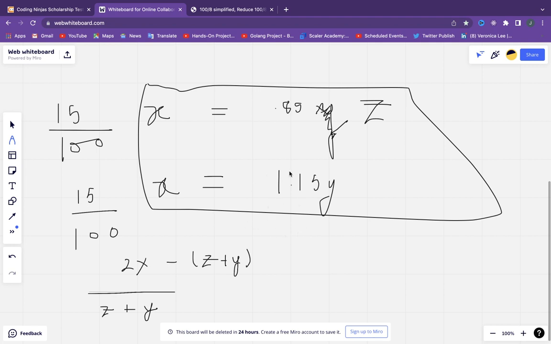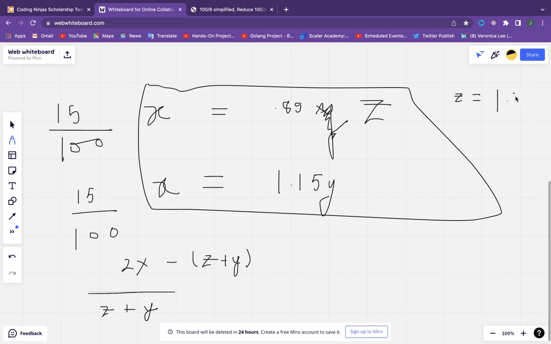We can convert everything into Z maybe, or Y. So let's convert everything into Y. So Z would be equal to 1.15 divided by 0.85. That would be 1.35 something.